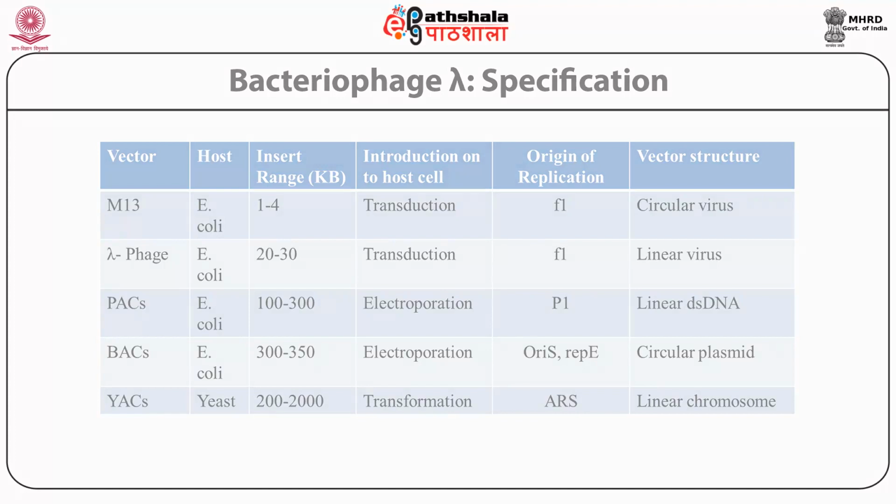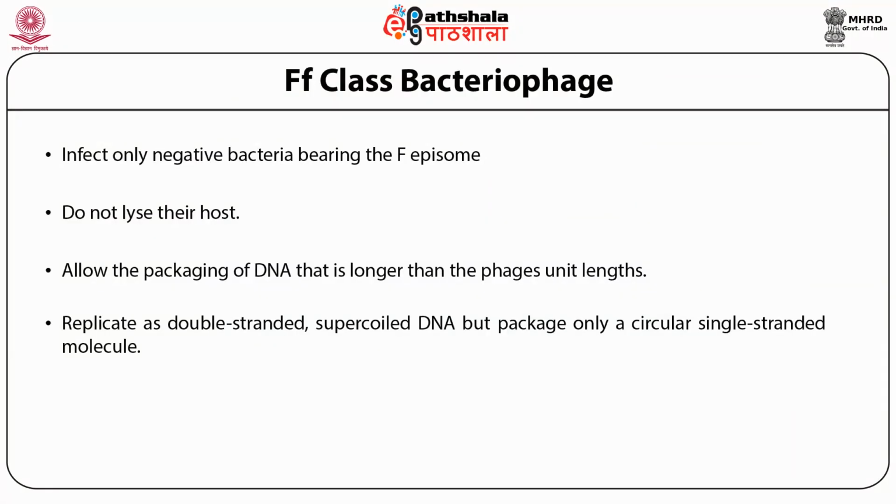The members of the Ff class of bacteriophage, that is M13, FD and F1, have been used extensively as vectors for recombinant DNA cloning. These filamentous male specific coli phages have two important features that aid in their use as cloning vectors. They do not lyse their host and they allow packaging of DNA that is longer than phage unit length.